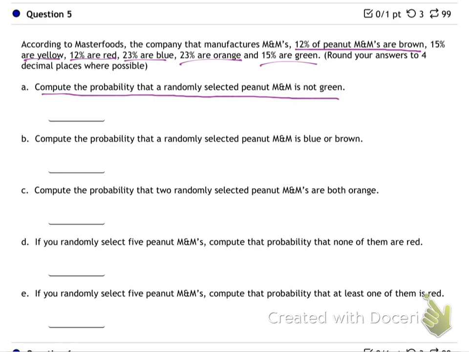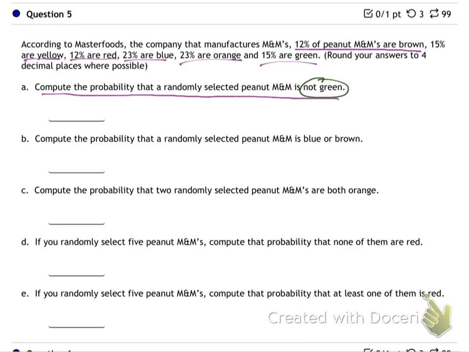All right, so what's the probability that a randomly selected peanut M&M is not green? So if you randomly grab one peanut M&M out of the bag, what's the chance it's not green? So subtract from 100.